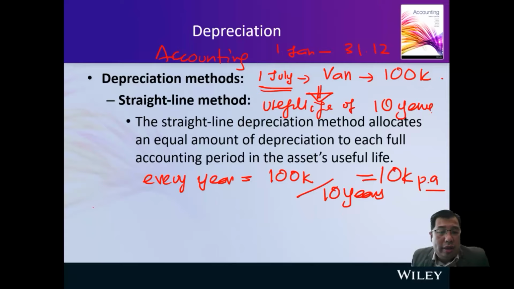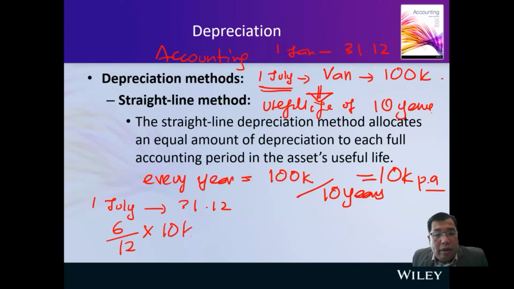So for the first year, from 1st July, when did you close your account? Until 31st December, this is 6 months. So 6 over 12, 1 year, multiply by 10,000. So depreciation for the first year is only for a 6 month period. So the amount of depreciation will be 5,000.